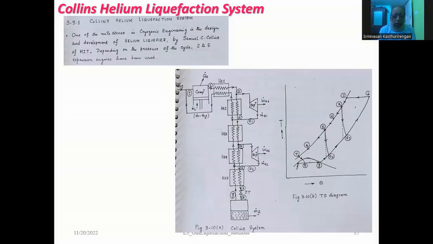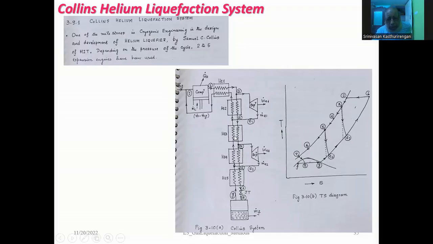Okay. So what does this consist of? This consists of the standard arrangement of the Linde-Hampson cycle along with two expansion engines and one Joule-Thomson valve. So you can now imagine that the heat exchanger of a simple Linde-Hampson system is now split into 5 components: HE1, HE2, HE3, HE4, and HE5.